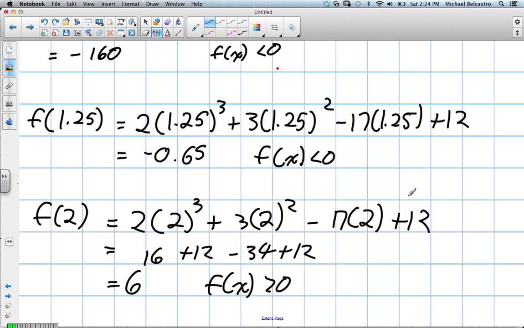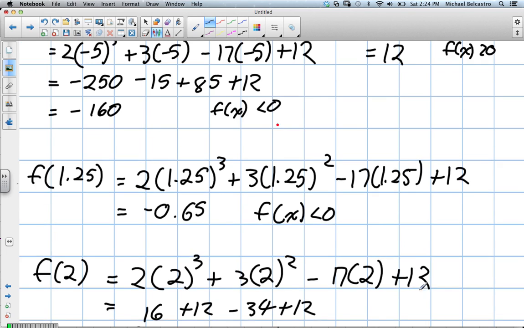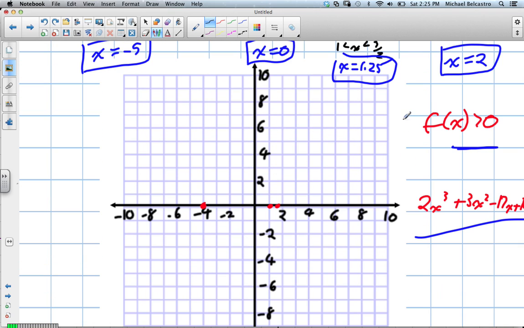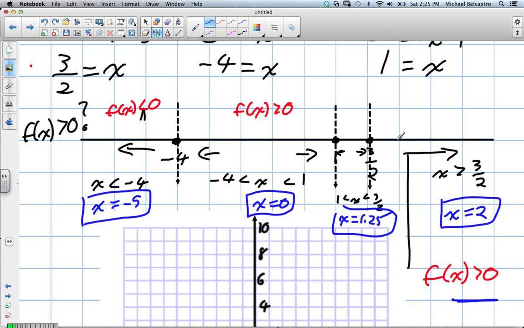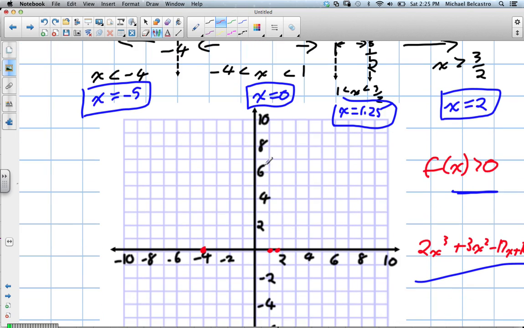So, what we discovered here, let's go back to our intervals. Okay. Here, f at x was less than 0, and here f at x was greater than 0. Okay, so for this inequality, we're going to get our answers in a second. I'm just going to quickly graph this and kind of make sense of it. Remember we talked about those being x-intercepts?